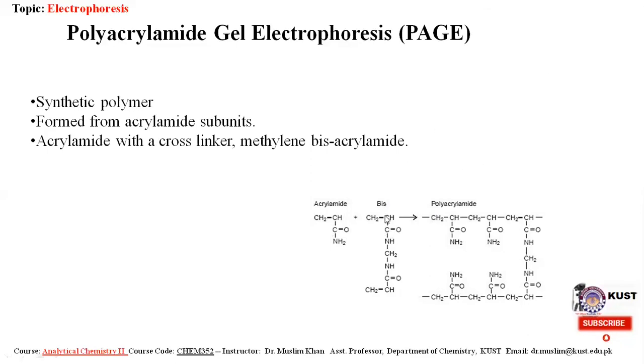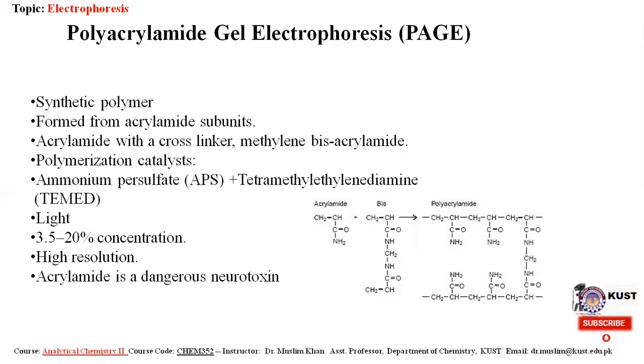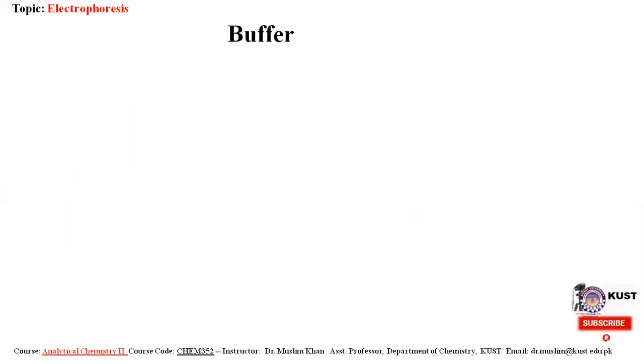For polymerization, a catalyst is used: ammonium persulfate plus tetramethylethylenediamine, and light. It is used at 3.5 to 20% concentration, with high resolution. One thing you should know is that acrylamide is a dangerous neurotoxin, so you should be careful using acrylamide while doing your experiment.